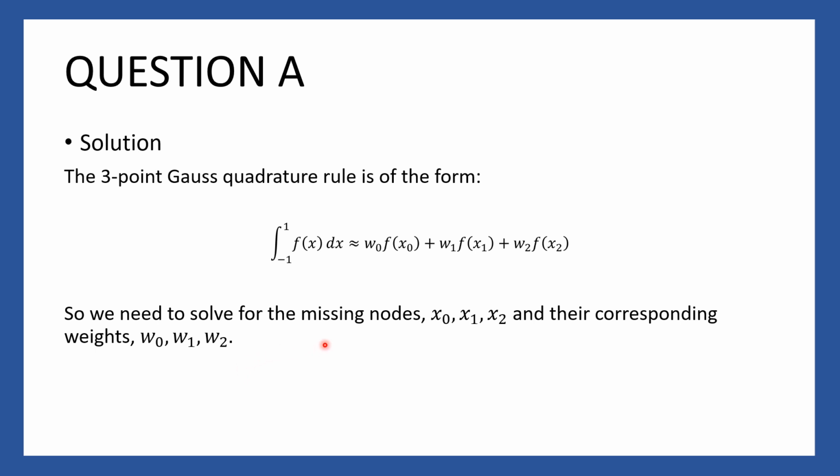So we need to solve for the missing nodes x0, x1, x2 and their corresponding weights w0, w1 and w2, so that we can express the Gauss quadrature rule in this form. So what we are going to do is to find all the w's and all of the x's.